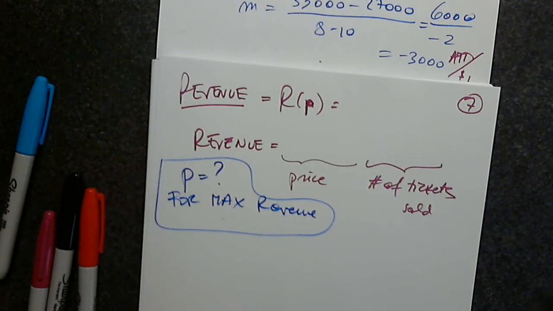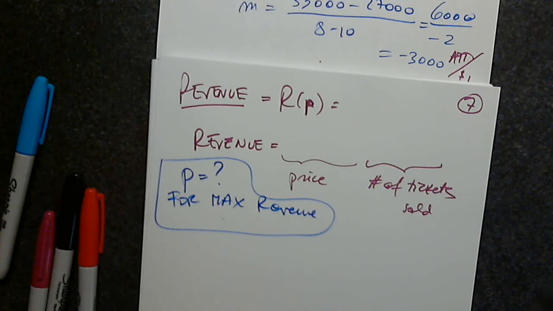Find what the price should be. Tell the manager of the baseball stadium, listen, if you set the price at blah, your revenue from the sales of the tickets will be maximum.